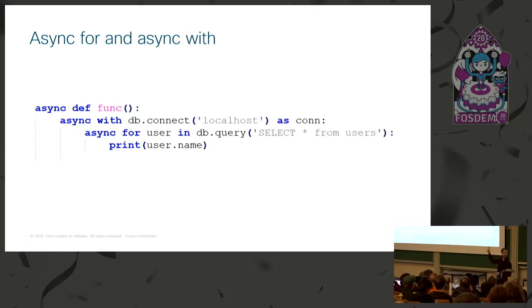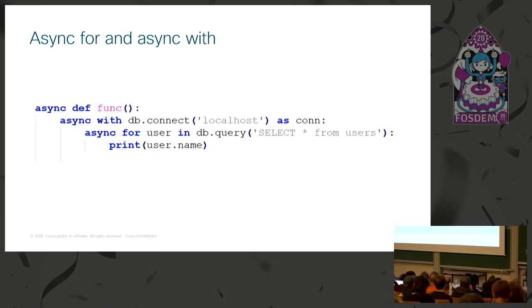Async with is what you do if any of these two blocks, the enter or the release, involve async code. And in this case, that's the case. Establishing a connection has to be asynchronous because it takes some time, and you need an async with in order to do that.